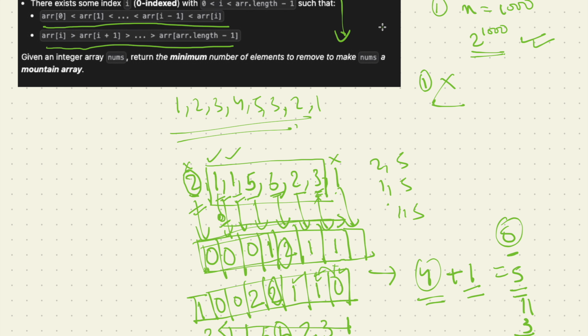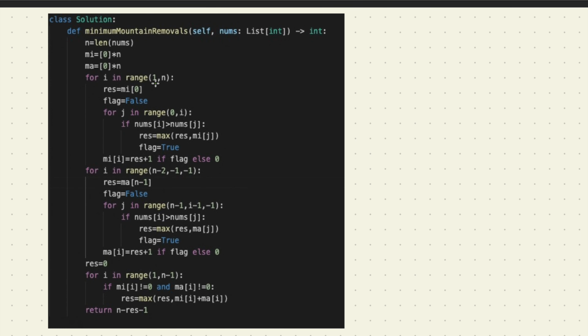Now let's look at the code for better understanding. First we create two arrays, this one for traversing from left to right, and this one from right to left, right? So we go from 1 to n. As you mentioned, the 0th index peak value will always be 0.